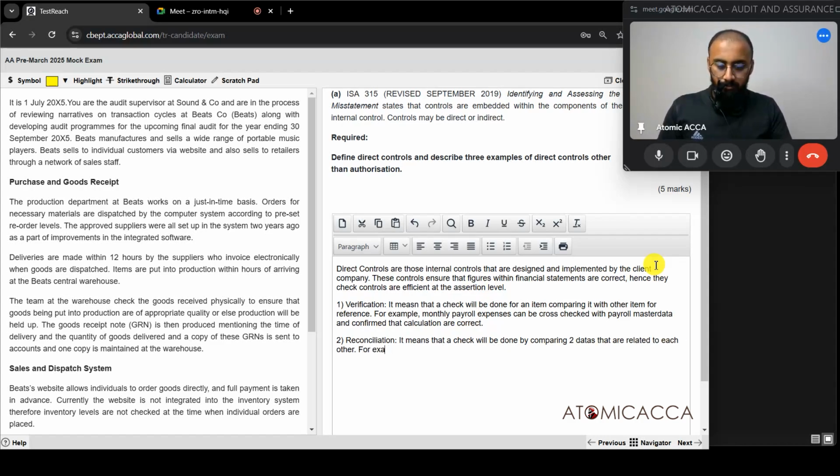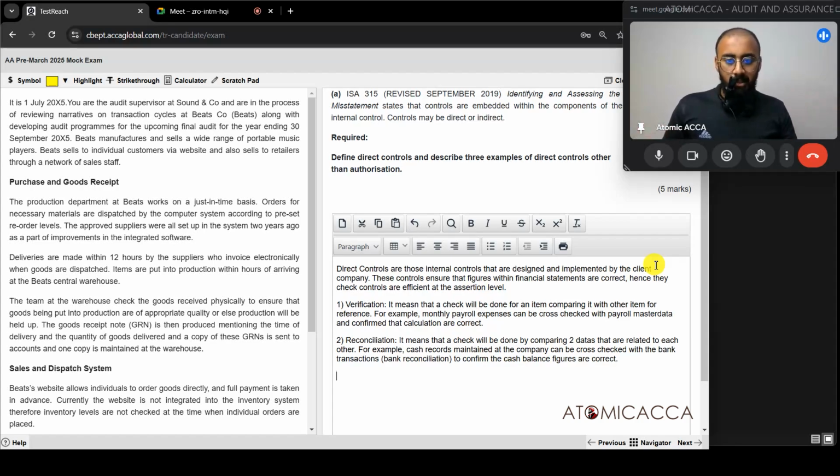For example, cash records maintained at the company can be cross-checked with the bank transactions, the bank reconciliation, to confirm the cash balance figures are correct. So that's called reconciliation.